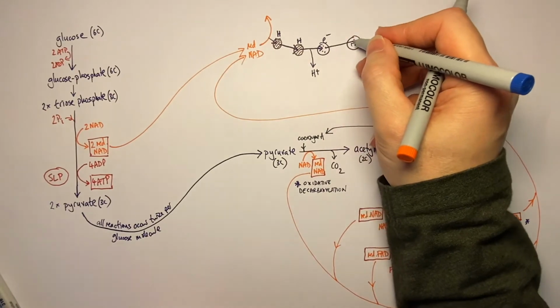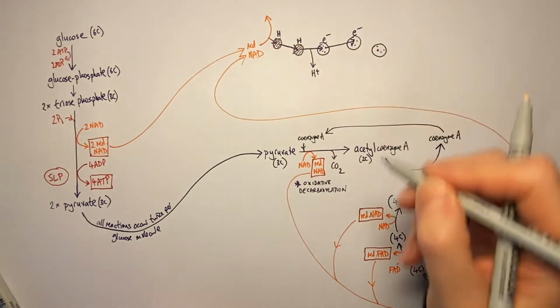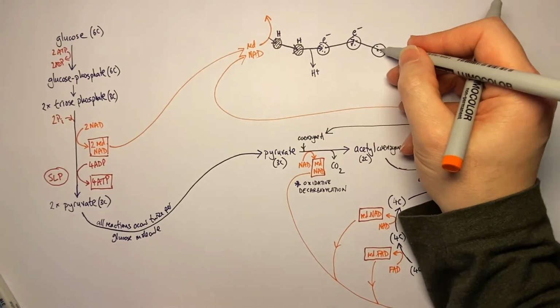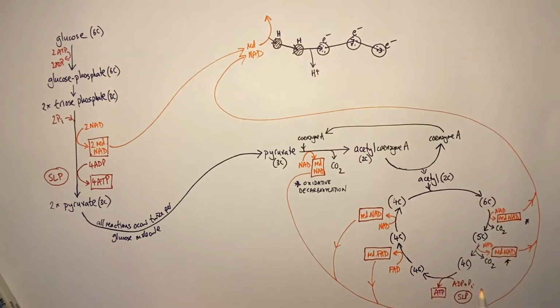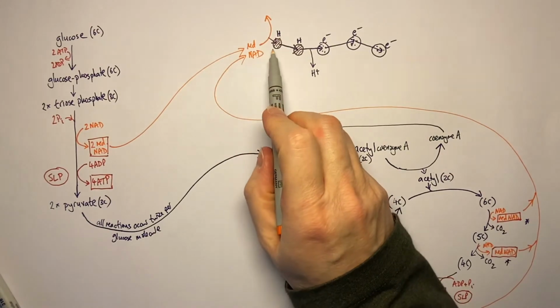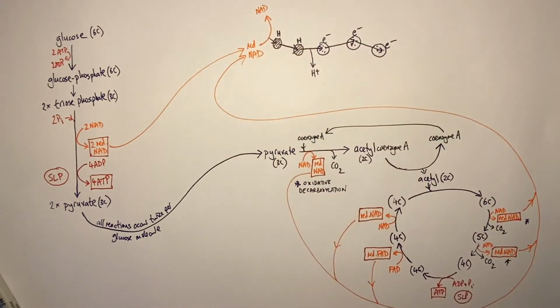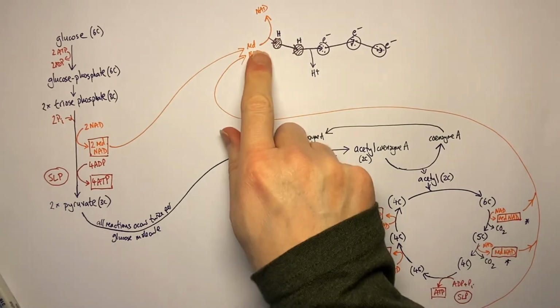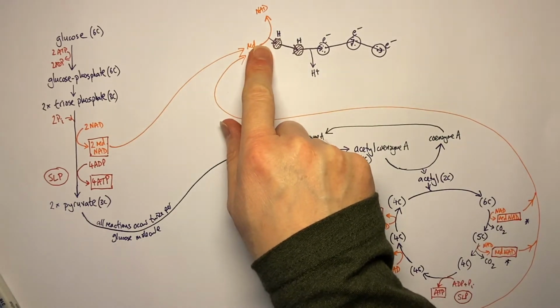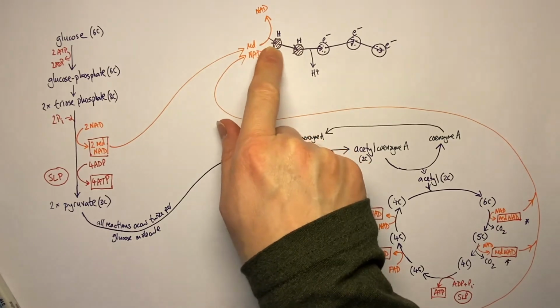Then they move from there to there, and those electrons then move from there to there. Now, importantly, I'll just put NAD back up there. What is happening here is a series of oxidation and reduction reactions.